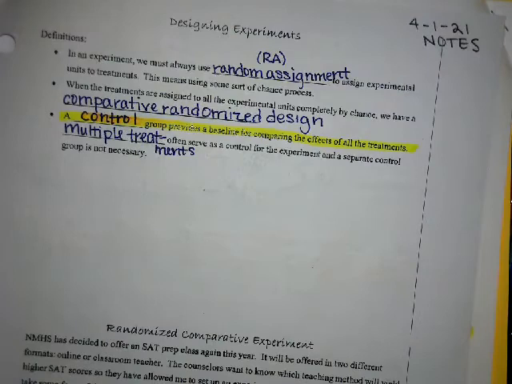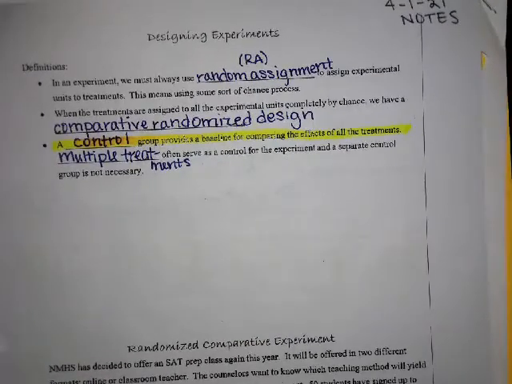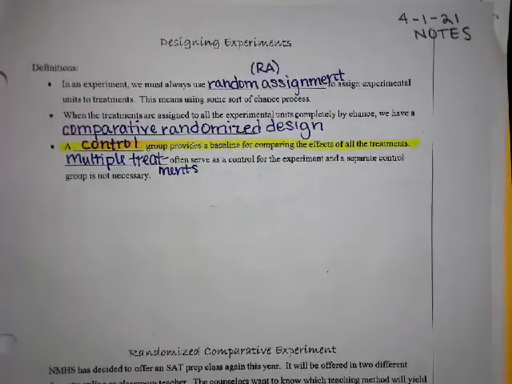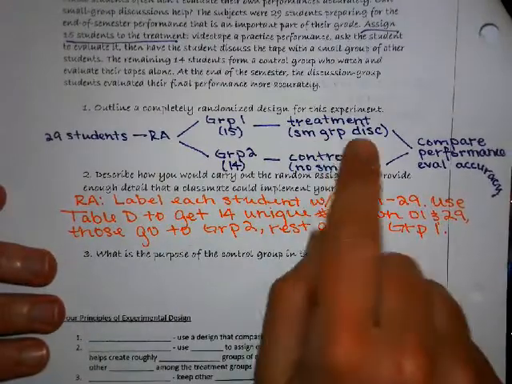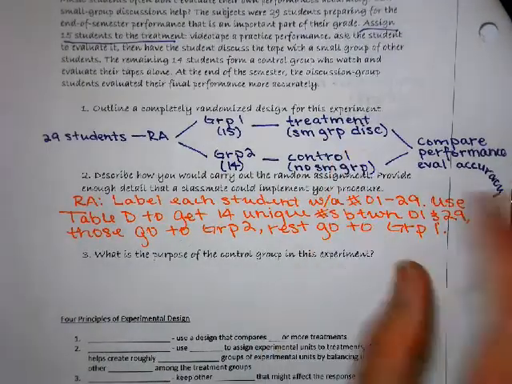So the control group is going to give us baseline data to compare if the students who were in the small group discussions evaluated their performance more accurately.